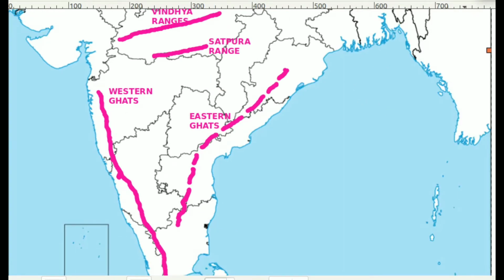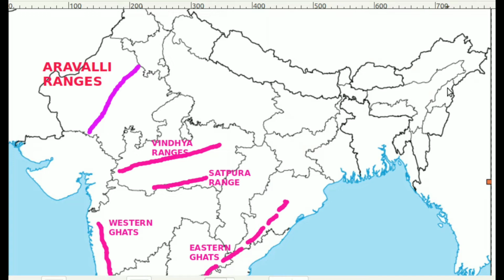Then let us go to mark the Eastern Highlands, which are the parts of northern mountain ranges. First of all, in Nagaland, we are marking two highlands.